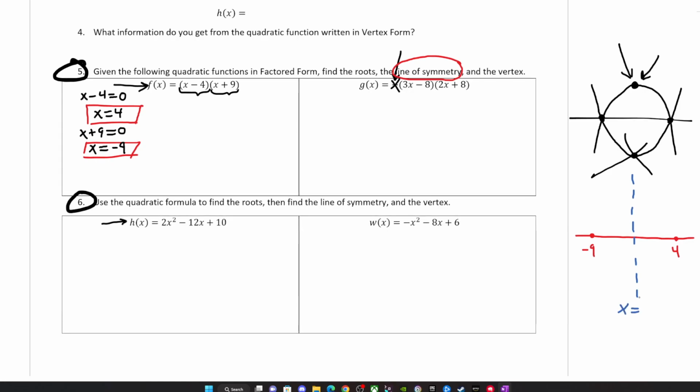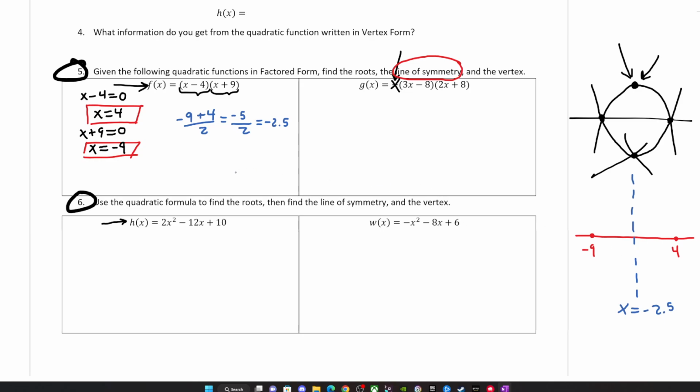I want to know what the point right in the middle is. A nice thing you can do is take the -9 and the +4, combine these two numbers, and then divide by 2, and that will give you the middle. So -9 plus 4 is -5, and -5 divided by 2 is -2.5. That is where my line of symmetry is, at -2.5.